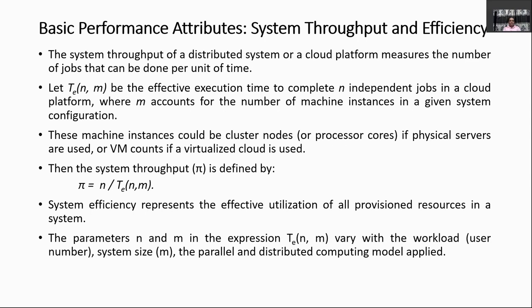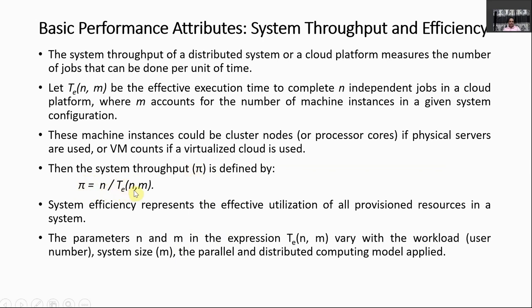So the system throughput of a distributed system or cloud platform measures the number of jobs that can be done per unit of time. If you consider execution time in which there are n independent jobs in a cloud platform and m accounts for the number of machine instances in a given system configuration, then the system throughput, denoted as pi, is equal to n upon execution time.